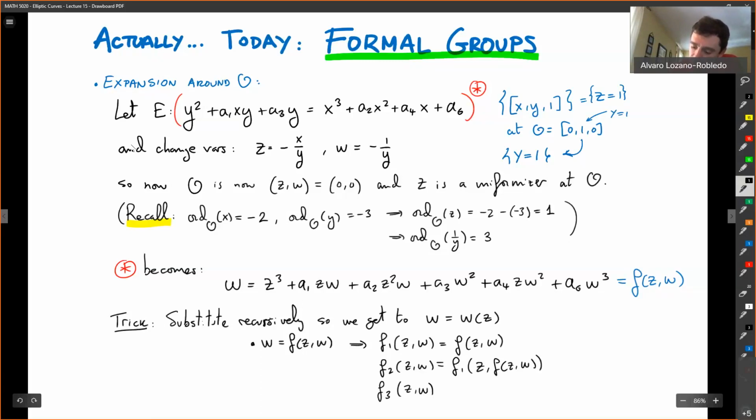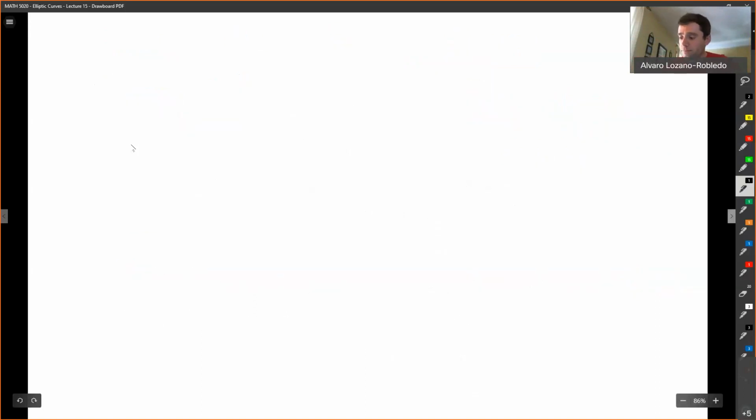I'm going to keep substituting W by f of ZW. And the effect is that I'm going to get more terms that only have Z's, and the W is going to be pushed out to higher and higher powers of Z, until at the end, in the limit, we are going to obtain the following, and we are going to formalize this in a moment.